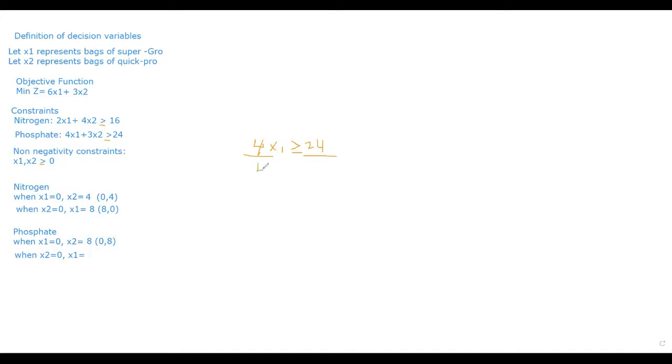You divide both sides by 4, so x1 is greater than or equal to 24 divided by 4, which is 6. So the point will be 6, 0.